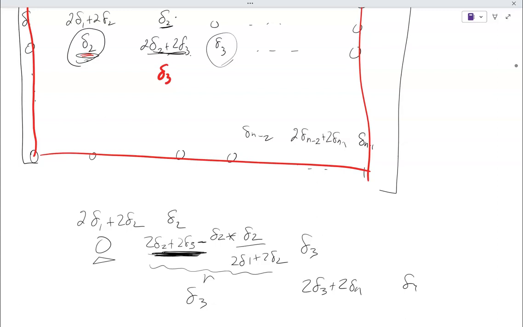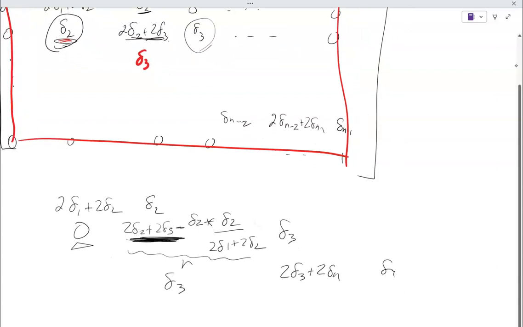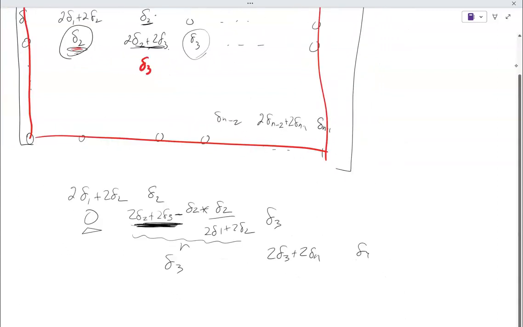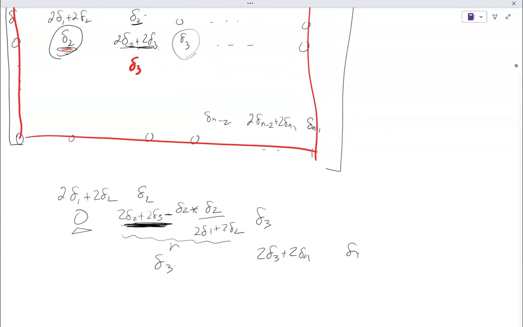So I'm going to create basically a list of things. What's going to be the first thing in my list? The 2 delta 1 plus the 2 delta 2, right? You agree with that? Okay. I'm going to write the code here in a second, but the first thing in our list is the 2 delta 1 plus 2 delta 2.